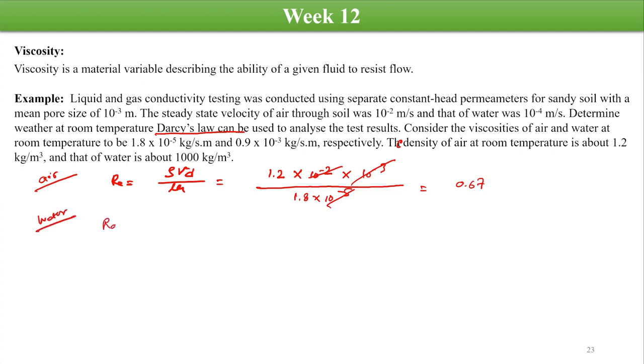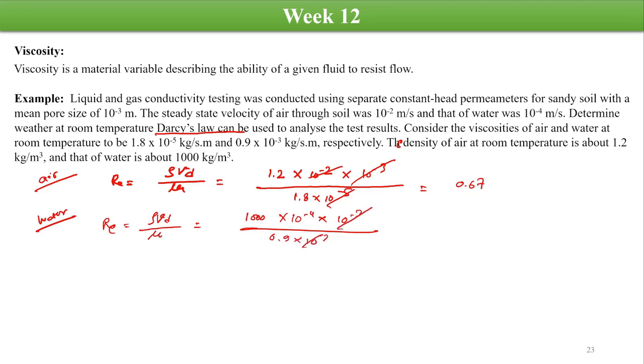For water, the Reynolds number will again be rho V d upon mu. So the value of rho for water is 1000 kilogram per meter cube. Multiply the velocity value, that is given as 10 to the power minus 4 meter per second, and the value of d, that is the pore size, 10 to the minus 3, upon the value of mu, which is given as 0.9 into 10 to the power minus 3.